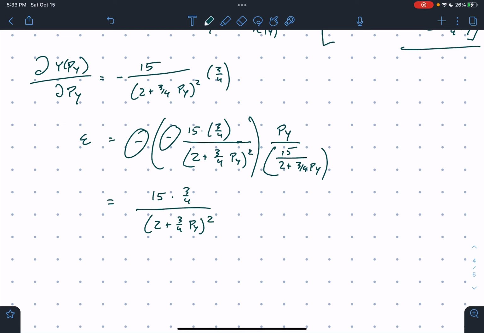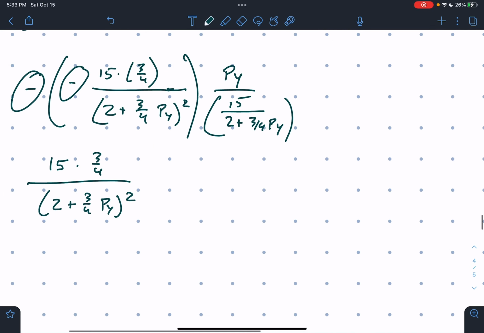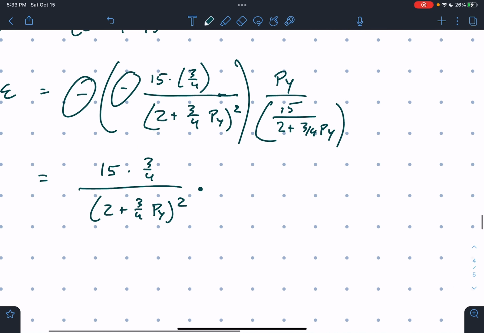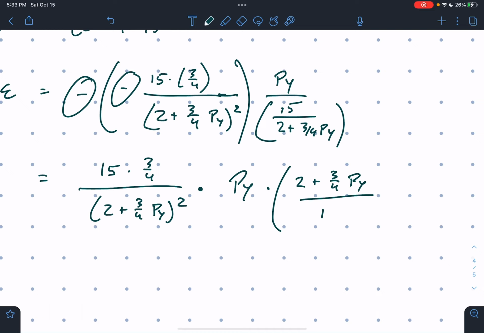And then for this fraction here, I'm dividing py by a fraction, which means I can just multiply by the reciprocal. So this becomes times py times (2 plus 3/4 py) over 15.